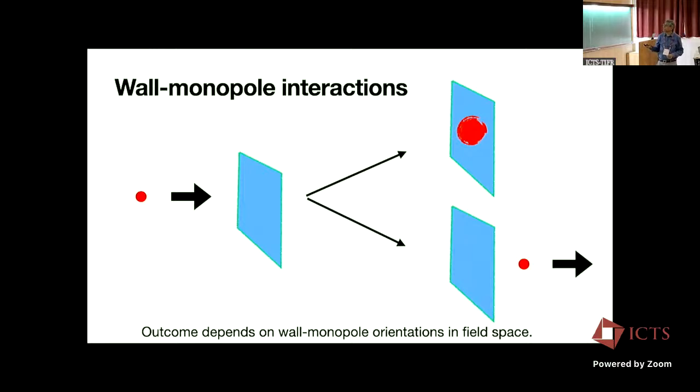And the other option is that somehow the monopole and the domain wall interact and something funny happens. We've looked at this, and the outcome depends on how the walls and the monopoles are oriented in the field space. I'll explain this in a little more detail.